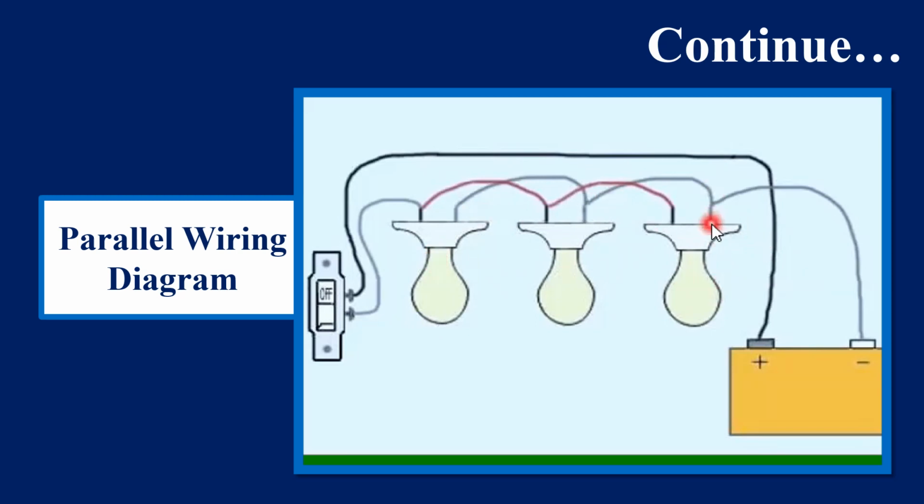We will connect the neutral wire, the negative terminal of the first bulb, with the negative terminal or the neutral wire of the second bulb, and the neutral wire of the second bulb will be connected with the neutral wire of the third bulb. After connecting this, we will connect these bulbs with the switch and the battery. This is how we can connect any type of equipment, like bulb, TV, fridge, any type of equipments, in the parallel connection.